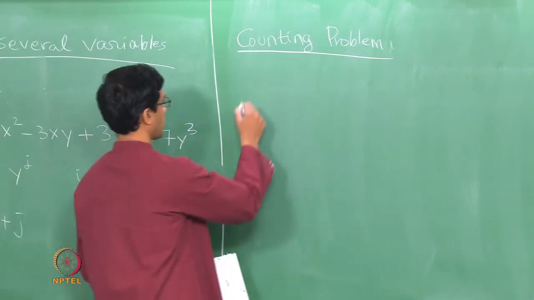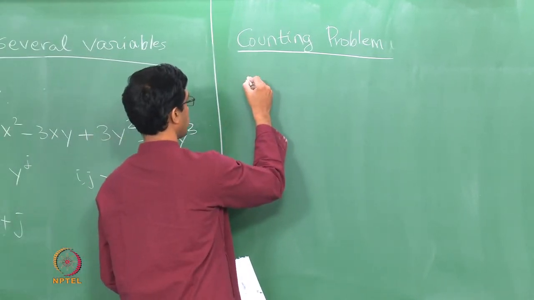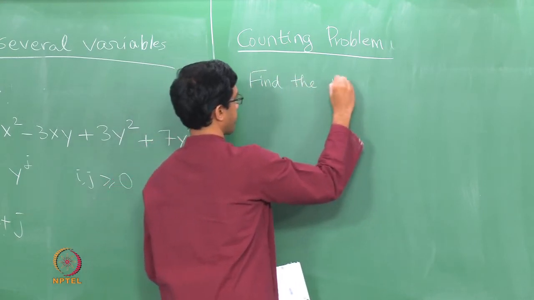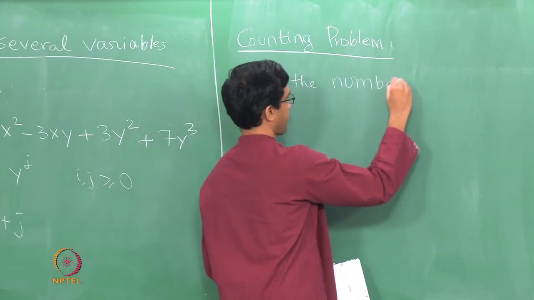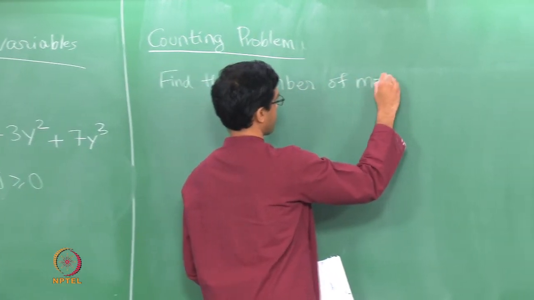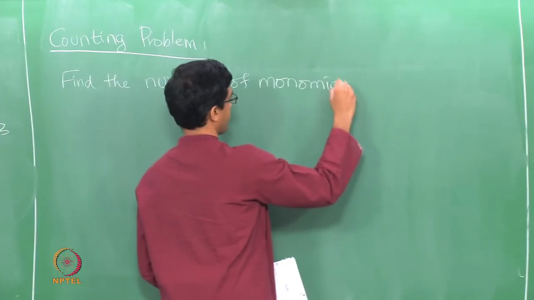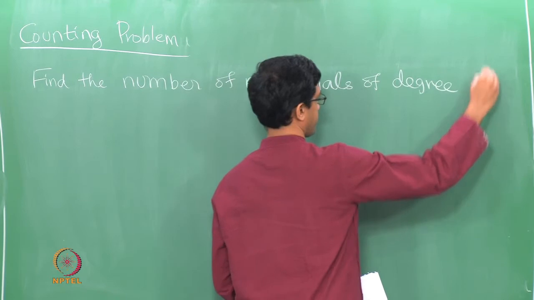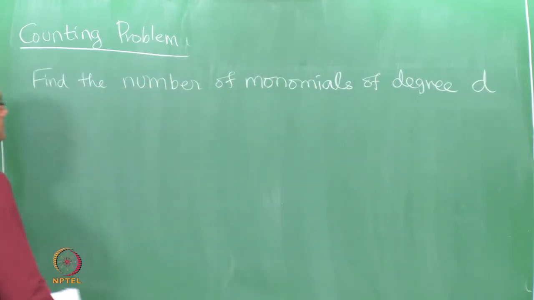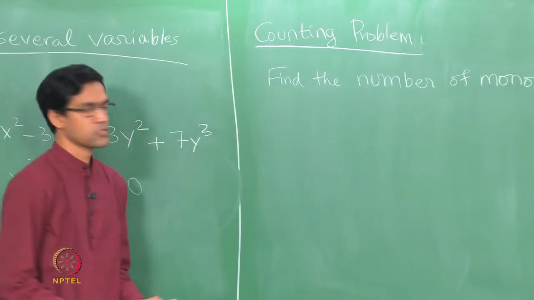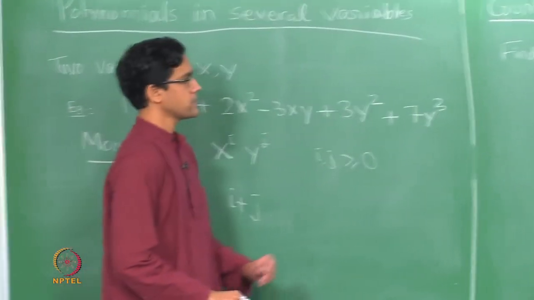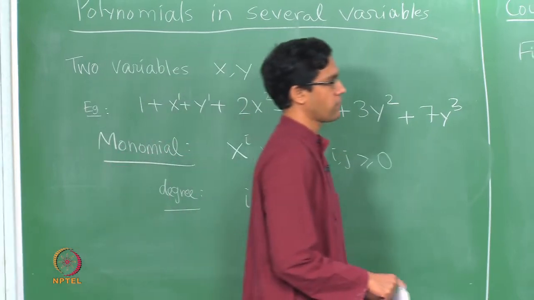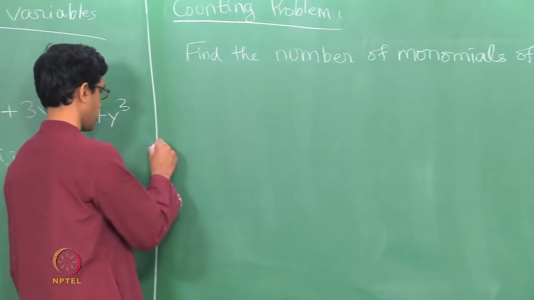I want to count the number of monomials of degree d. Of course when I say this, I should also tell you how many variables I have. So observe, this depends also on the number of variables. So let us just take examples.